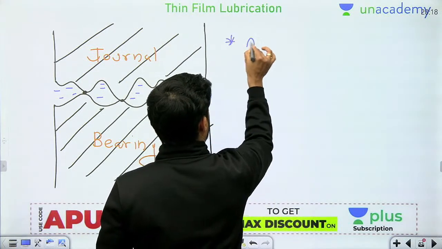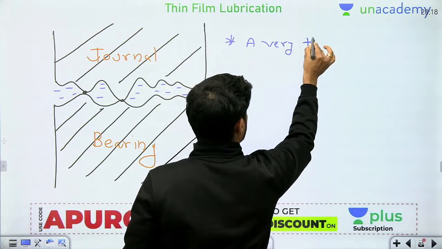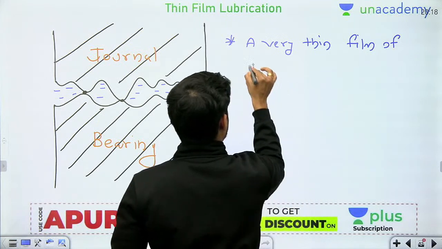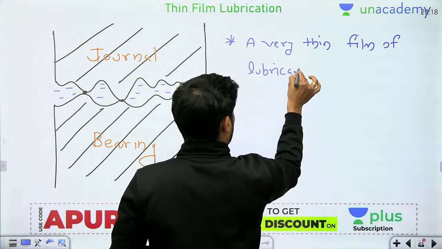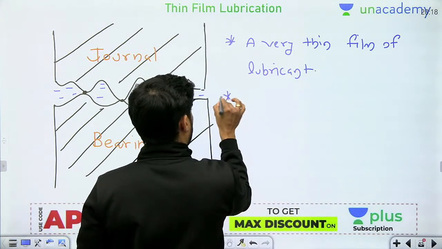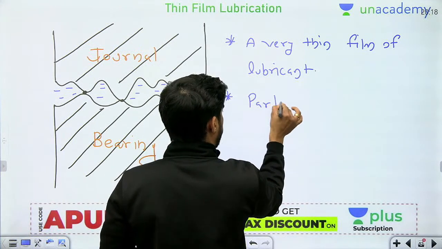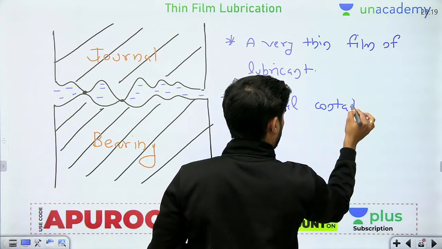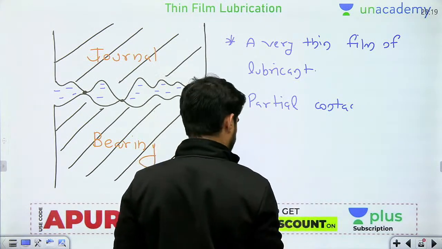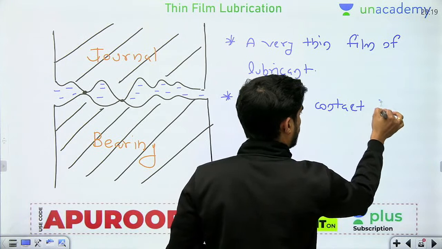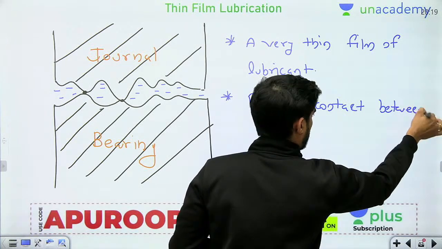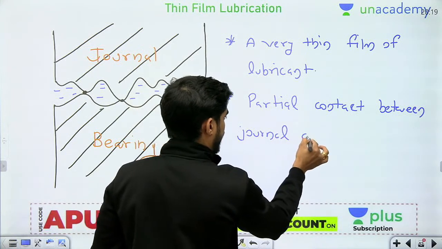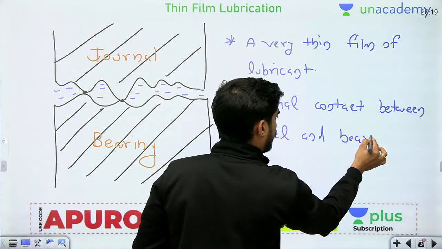So a very thin film of lubricant. There is partial contact, there is still partial contact between journal and bearing.